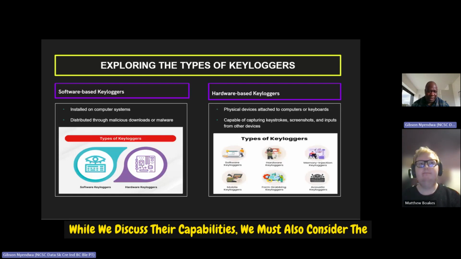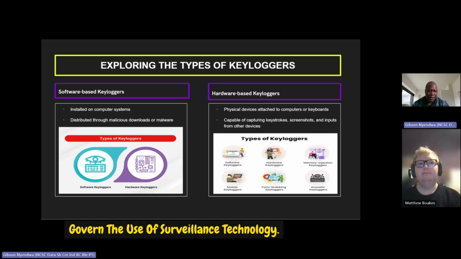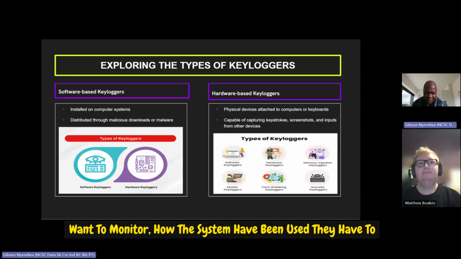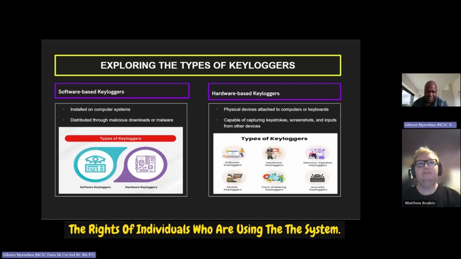While we discuss their capabilities, we must also consider the privacy rights of individuals and the legal frameworks that govern the use of surveillance technology. This would be, for example, in a work environment, if IT wants to monitor how the systems are being used, they have to consider the privacy policy, and also obviously the rights of individuals who are using the system.